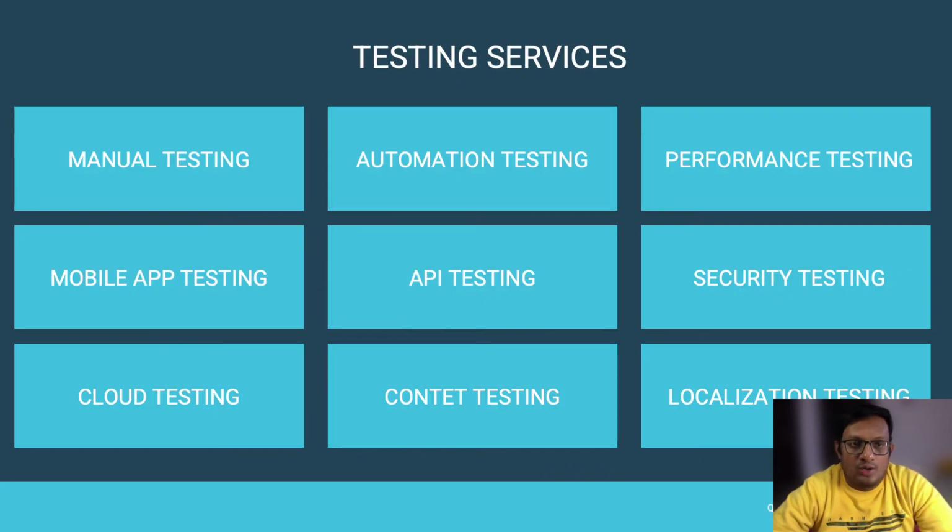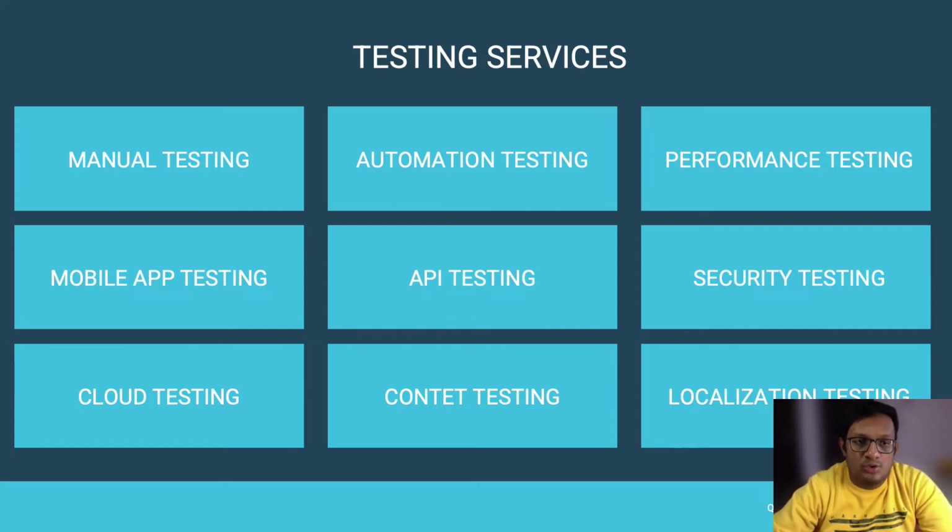Okay, so talking about the testing services, these are some of the testing services that even QAgenic provides to their clients. The basic testing service, the one that actually forms the base for you all also, is going to be manual software testing, the first one listed on this slide.